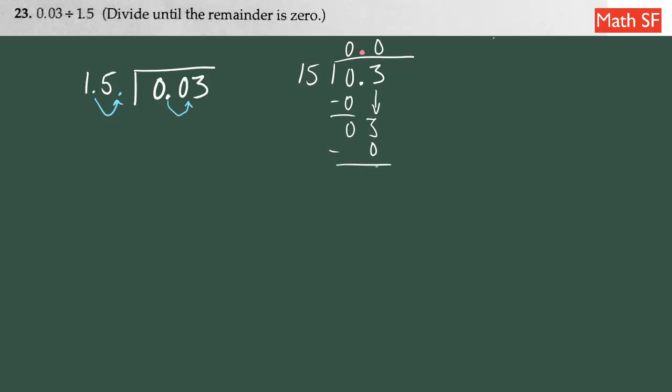We subtract, that gives us a 3. And recall that here we have as many zeros as we need, so let's bring a 0 down. 15 goes into 30 how many times? Twice. 2 times 15 is 30. Our remainder is 0, so we didn't need these zeros anymore. Therefore our final answer should be 0.02.